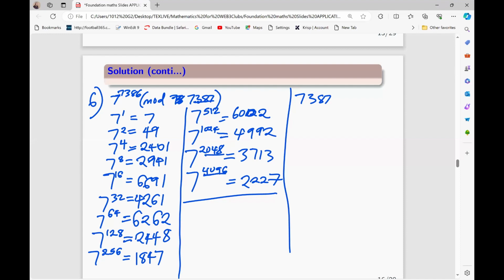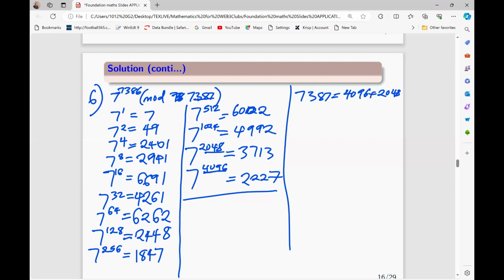So it's going to be, okay, it's going to be 1486, then 2048, and then I'm going to add it below here, and then 1024, yes, 1024.